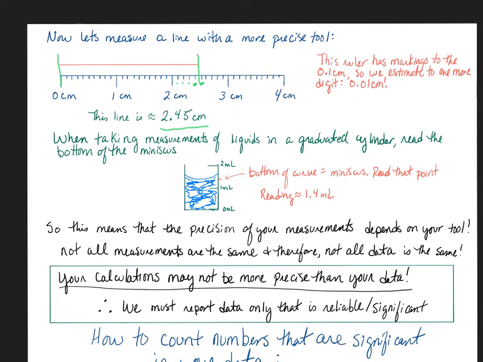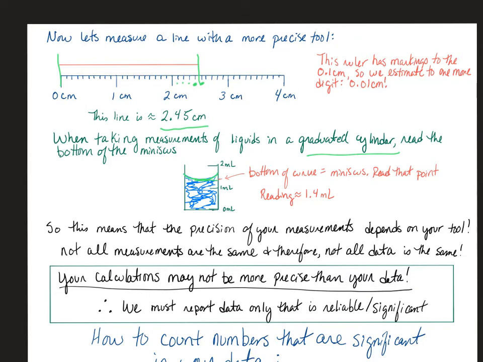Something to note, when you're taking measurements of liquids, you use a graduated cylinder. That's what the piece of glassware looks like. We'll talk about that more in lab. You need to read the bottom of the meniscus. So what that means is, you know how water forms this little blurb right there? The bottommost point is the one that you actually are reading.